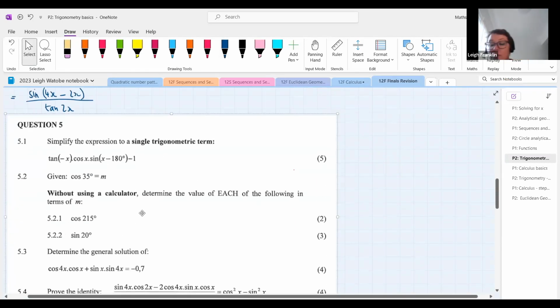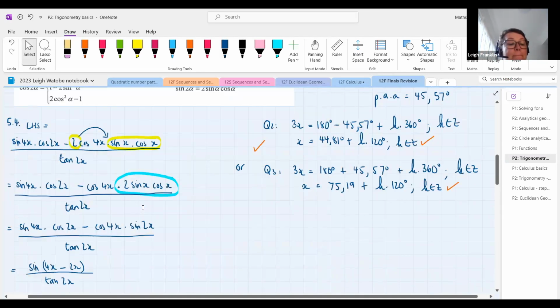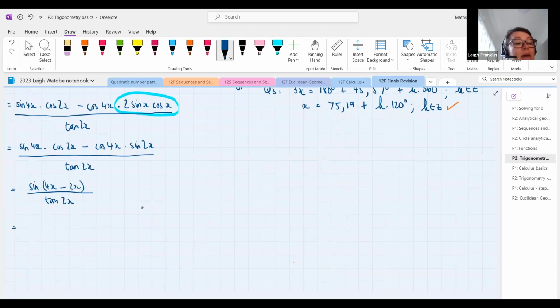Sorry, this is just the one that we've done. And now we can simplify. This gives us sine 2x over tan 2x. So now we would write sine 2x divided by, and remember tan 2x is sine 2x over cos 2x.